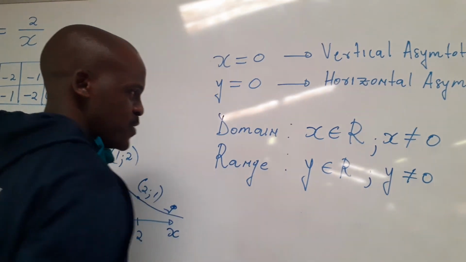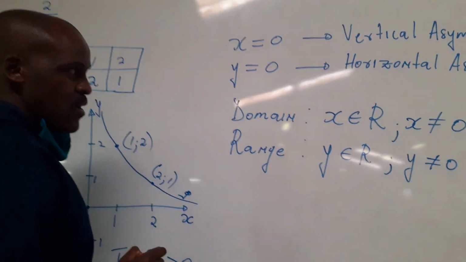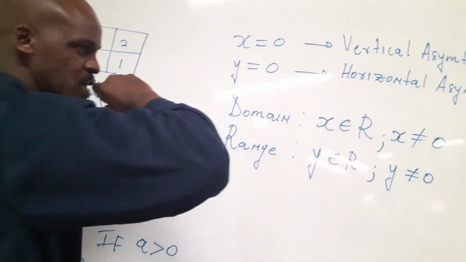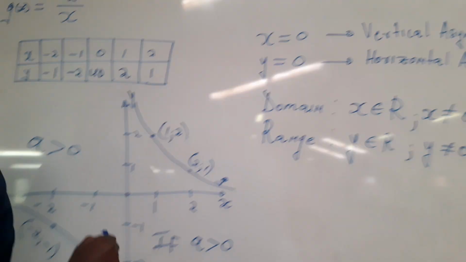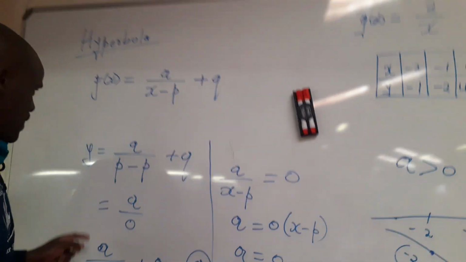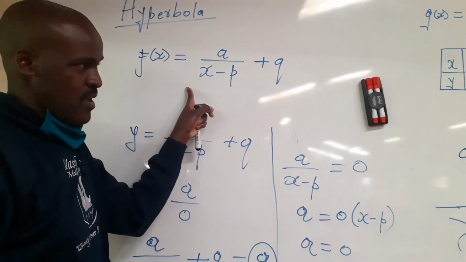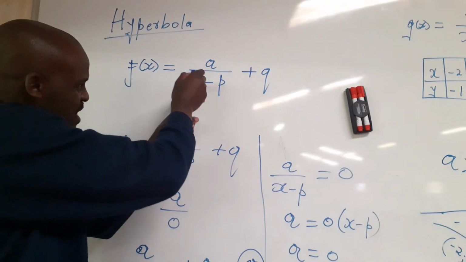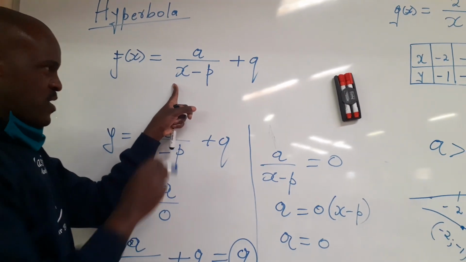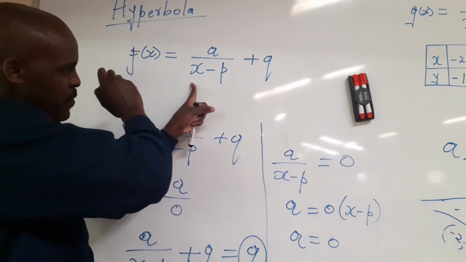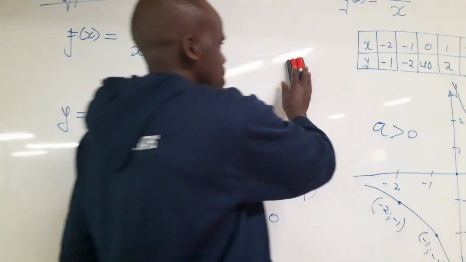It's a vertical asymptote, which means it's where our graph won't exist. And then now, if x is equal to p, this graph won't exist. Therefore, this is our vertical asymptote. That value of x, if we are saying x is equal to p, that will be our vertical asymptote.